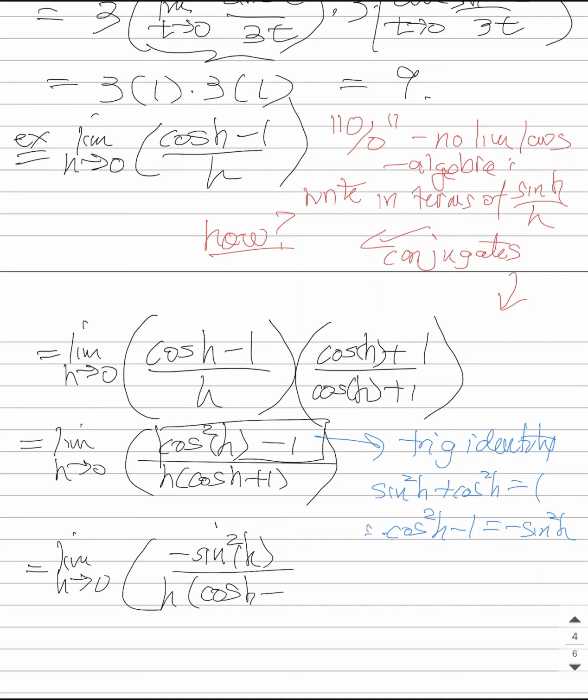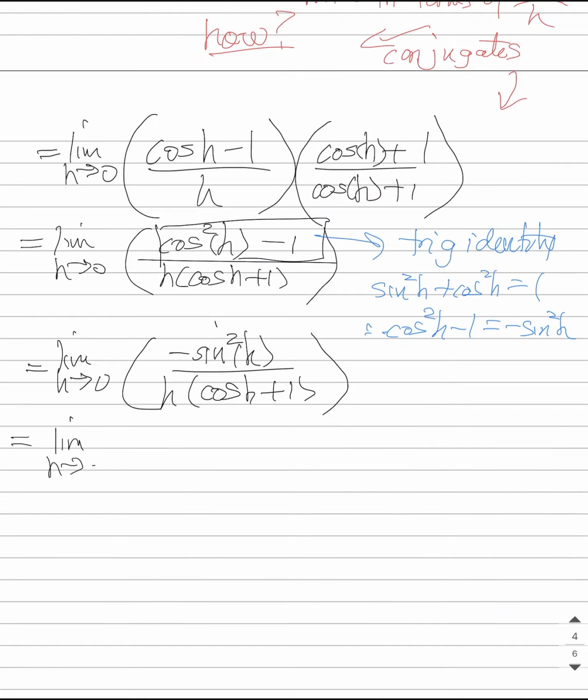And this is my really sneaky way of doing that, because I've finally introduced a sine. I'm going to take one of the sines from upstairs and write it divided by the h in the other side. And then I'm going to take this thing that is downstairs.